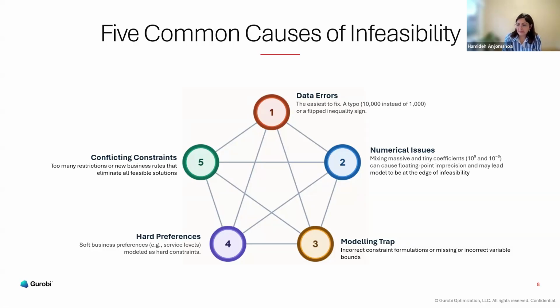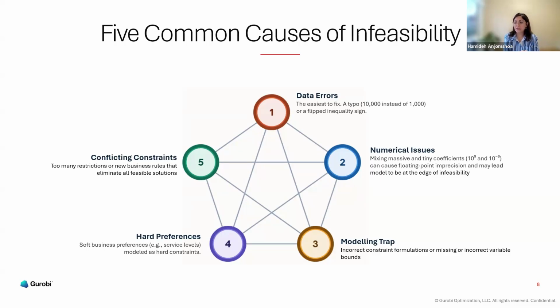When you're building your model, instead of saying you need thousands, you put one more zero, and then all of the complicated problem that you build goes back with an error. And it's hard for everyone to go and dig into the complicated maths and equations to see which one is causing an issue. And the second common cause is sometimes a numerical issue.